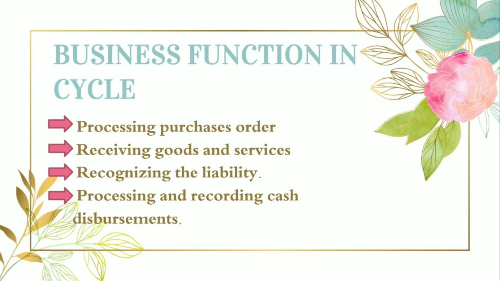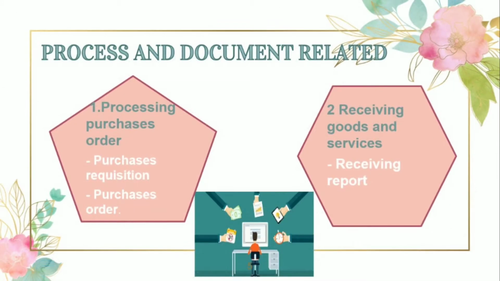Okay, the business functions in the cycle involve processing purchase orders, receiving goods and services, recognizing the liability, and processing and recording cash disbursements. For the processes and documents related to the cycle, first is processing the purchase order, which involves the purchase requisition and purchase order. The second is receiving goods and services, which involves a receiving report.